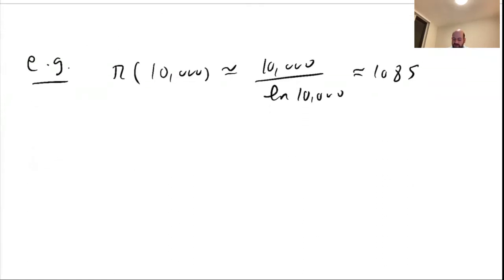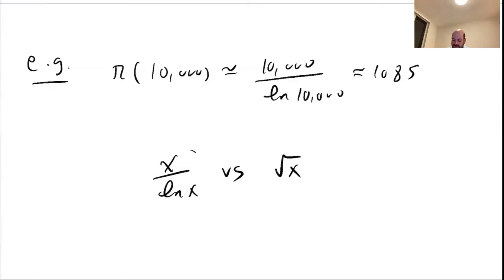So for example, if you want to compare x over ln x versus root x, even root x is big, right? If I knew that I would have root 10,000 prime numbers less than or equal to 10,000, that still is a relatively large number.